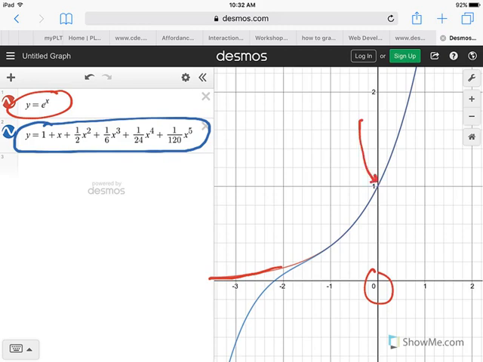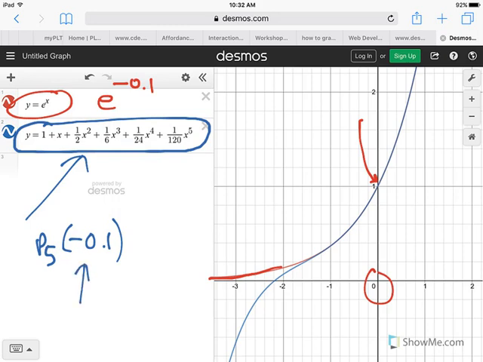And of course, we're approximating e to the negative 0.1 by evaluating this fifth degree Taylor polynomial centered at 0 at negative 0.1. And if you look at the graph, at that value of x, which is negative 0.1, which is about here, the two graphs are indistinguishable for the window settings that we have.